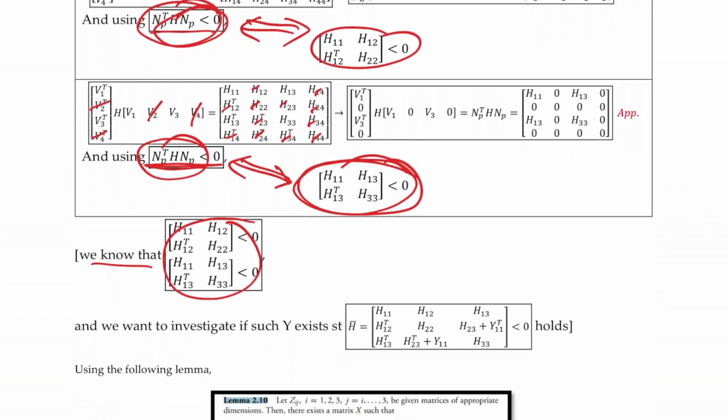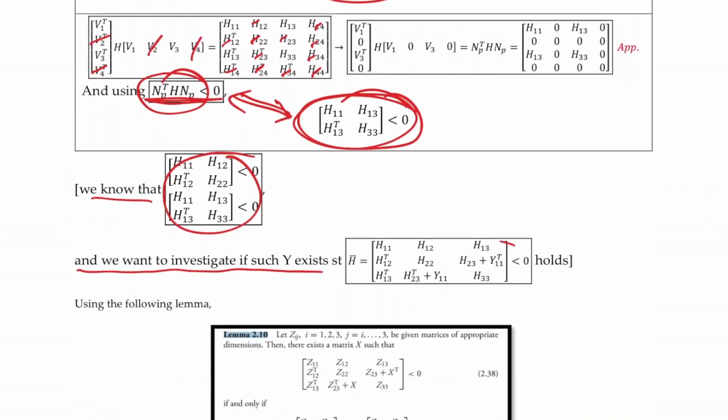Now, we used to say, okay, we know the NP and NQ terms, NP containing inequalities, and now we're going to say we know these two inequalities, and now we want to investigate if such a Y matrix exists such that this inequality holds.